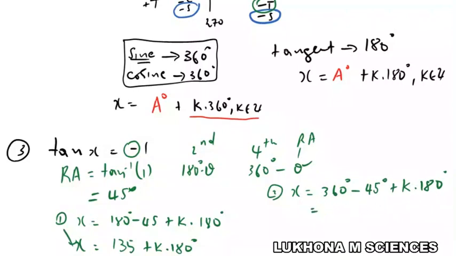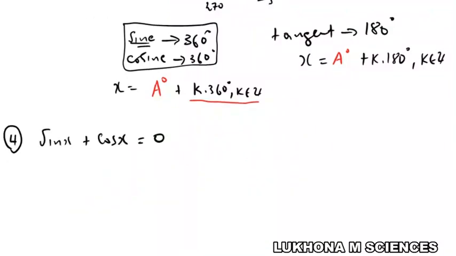So we get 360 minus 45, which is 315, plus k times 180 degrees. Then we are done with this one. This is solution number 2. We have 2 solutions here. Then we are done with number 3. Let's look at the last one, that is number 4.